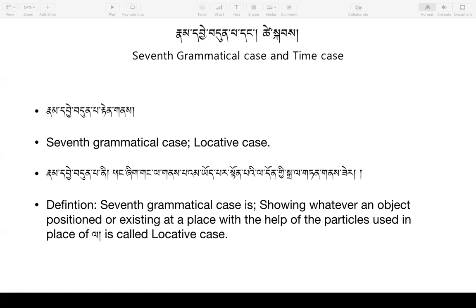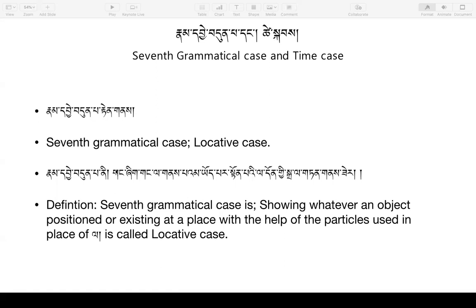Normally, they just state it as the seventh grammatical case, and when it comes to the name, they would just transliterate the entire Tibetan term, which is tene. So, the seventh grammatical case.